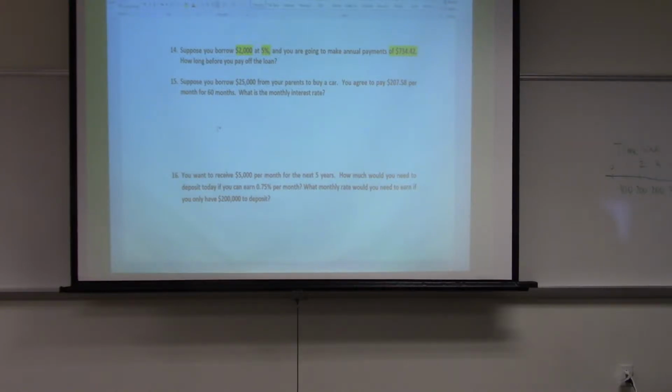So $25,000 is what you borrow, so this should be your present value. Your payment is $207.58. The number of periods should be 16 months. How much is your monthly interest rate? It's asking for the rate. So after you make the payments, the future value should be 0.